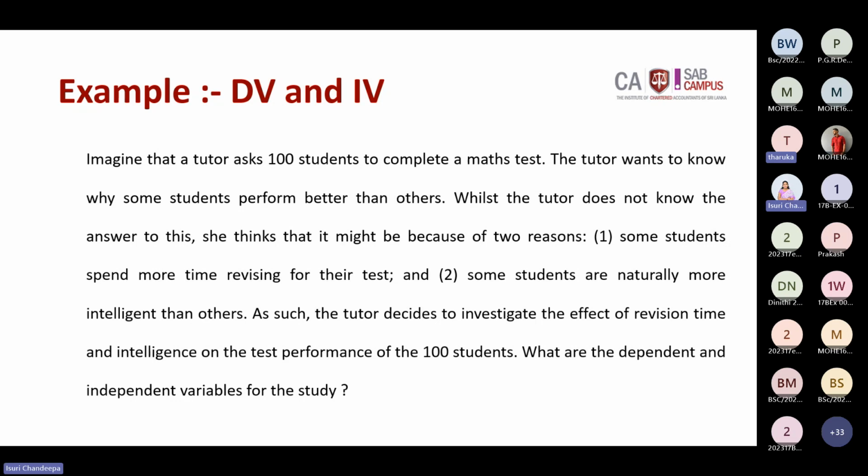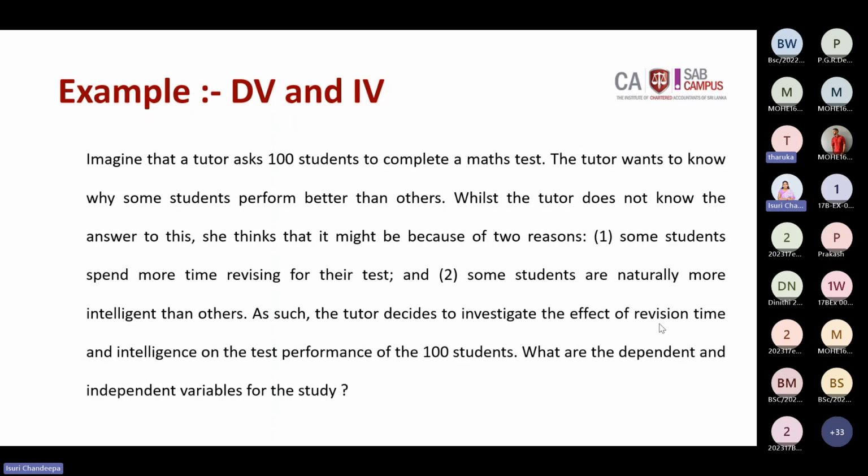Okay, that means test performance is the dependent variable, right? If you have taken it as the test performance of the 100 students, you need to remove the 100 students, right? So the dependent variable is the test performance.